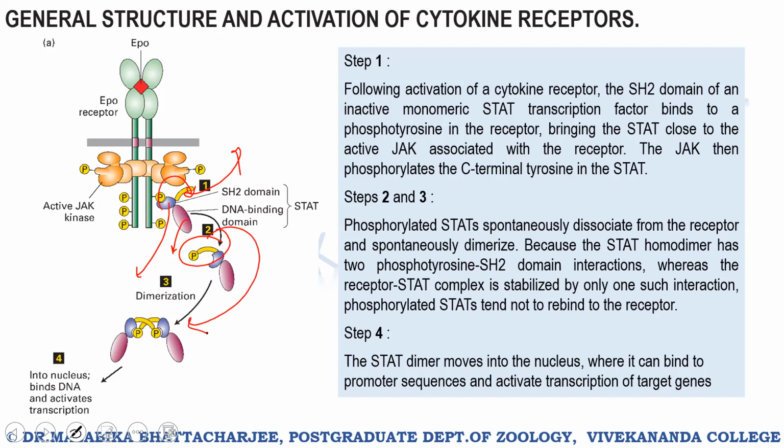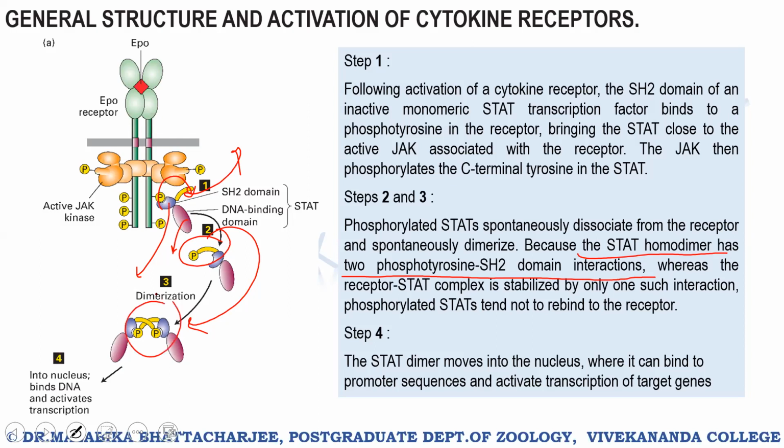So the monomers initially are present, they are phosphorylated, and then the phosphorylated STATs come out of the receptor and dimerize, because the STAT homodimer has two phosphotyrosine SH2 domain interactions.